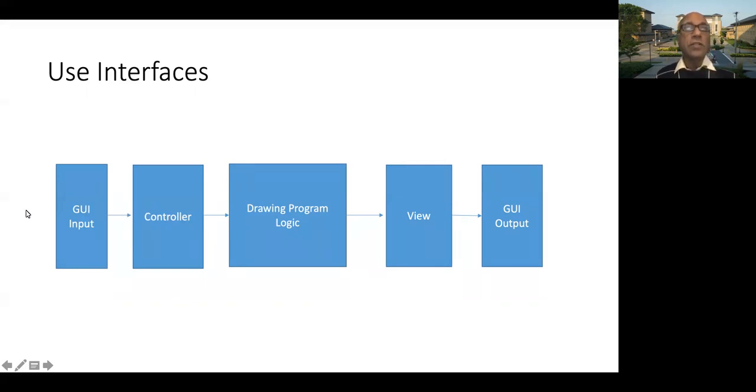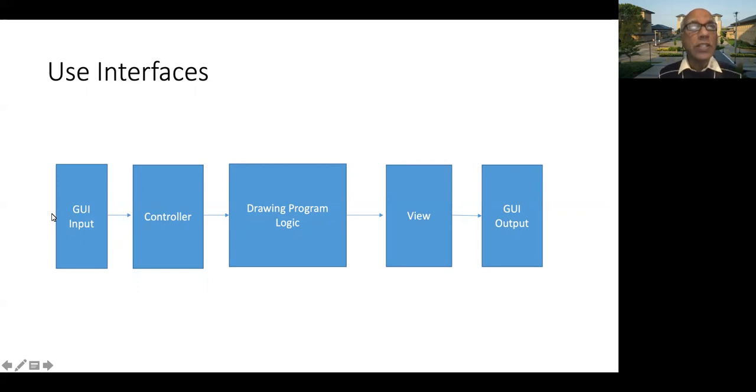So if the user clicks on a button to draw a polygon, the request will come to the controller as to create a polygon. It wouldn't come as a button click or any such thing. It would be a simple event that would end up in a method call to the controller.